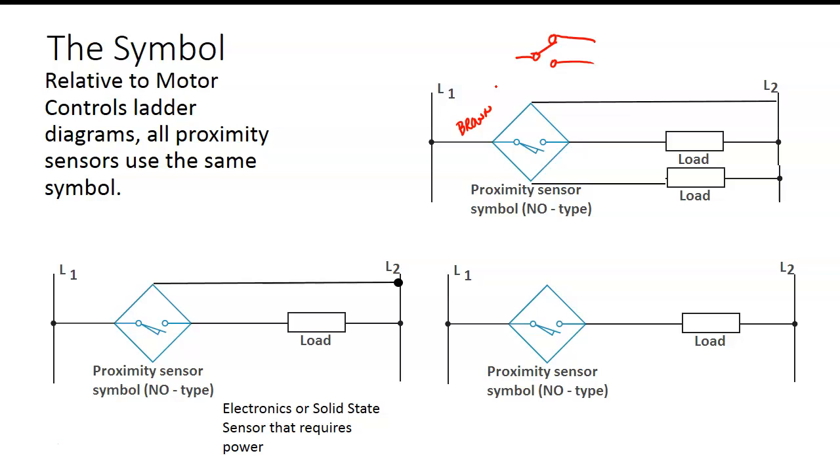And then the normally open output is going to be black. The normally closed output is going to be white. And then the L2, or the one that goes over to the negative in DC, will be blue.